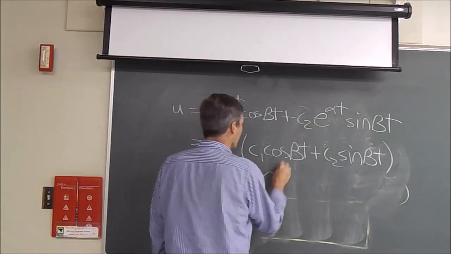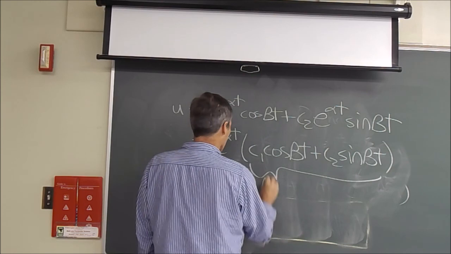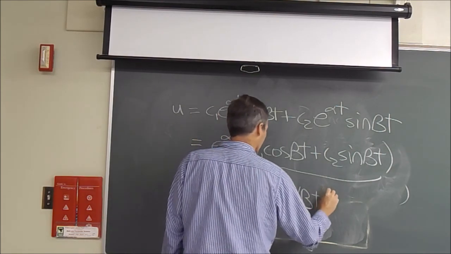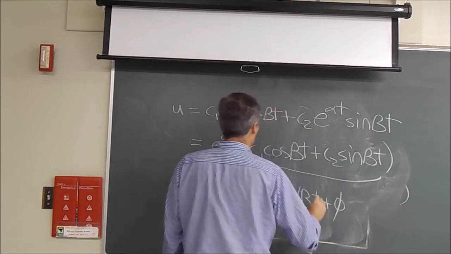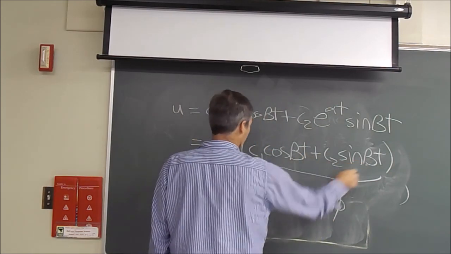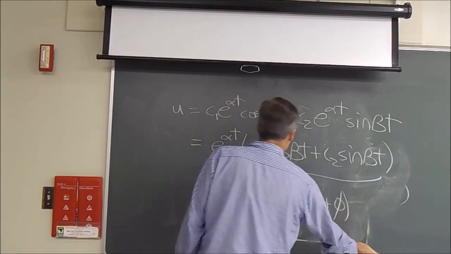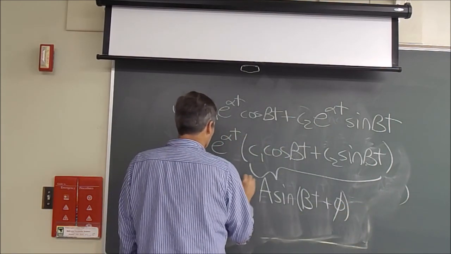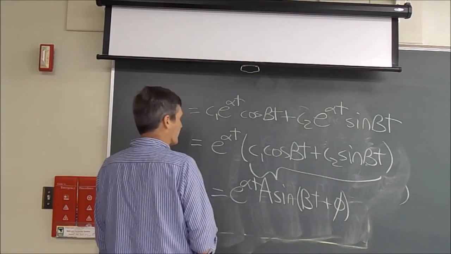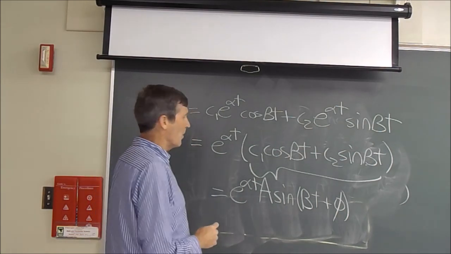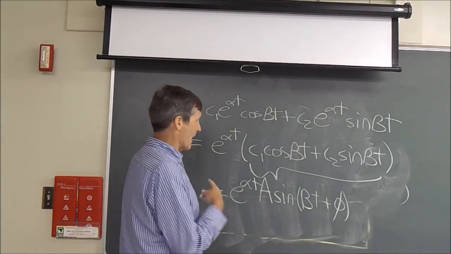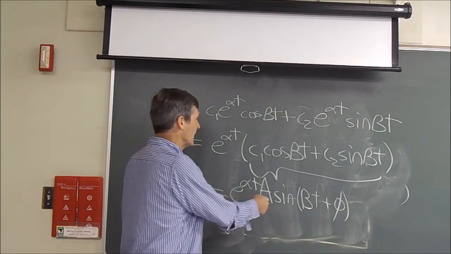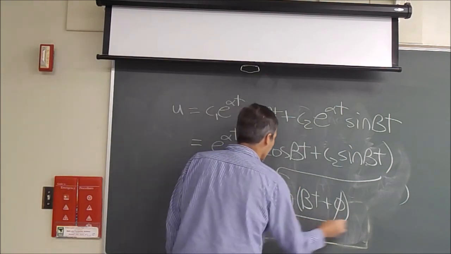This can be rewritten by trigonometry as A sine beta t plus phi, or maybe you want to call this omega at this point instead of beta, all times e to the alpha t. And what you always get out of this damped oscillator is an exponential times a sine wave.